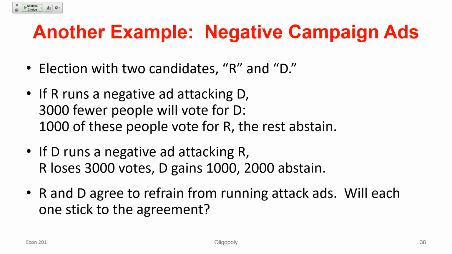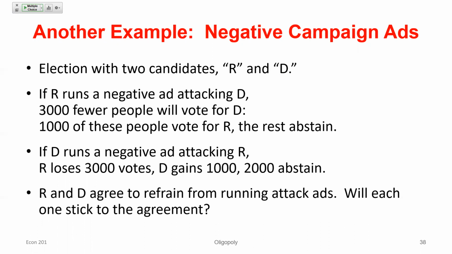They can choose two things. They can run a negative campaign ad, or we'll call it positive, but basically just not trashing the other person. So both candidates have this decision to make, right? We're keeping this simplistic: two players, two strategies.